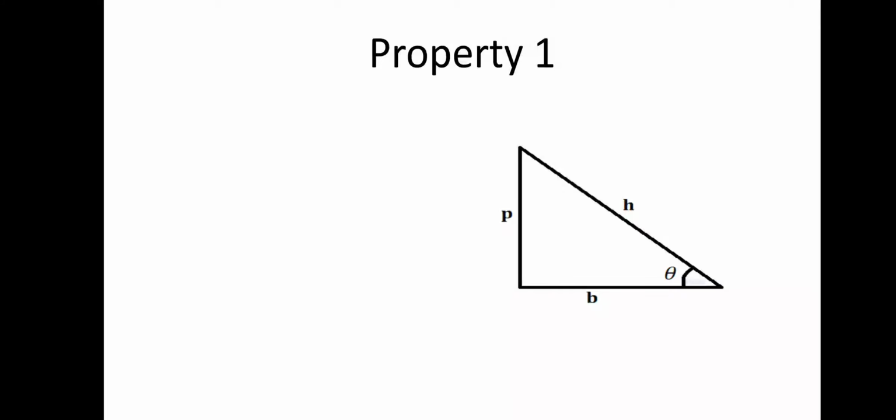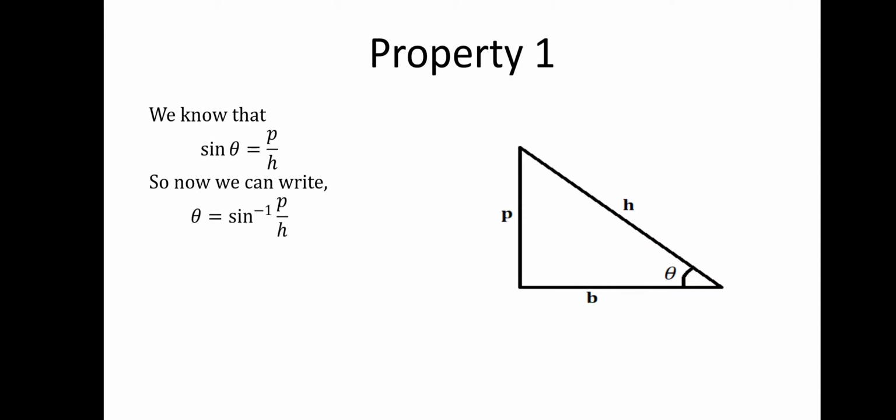Obviously this is a right angled triangle. Now I know that sine theta is perpendicular by hypotenuse. This is something we already know. So now I can write that theta is equal to sine inverse p by h, just taking sine to the other side as sine inverse.